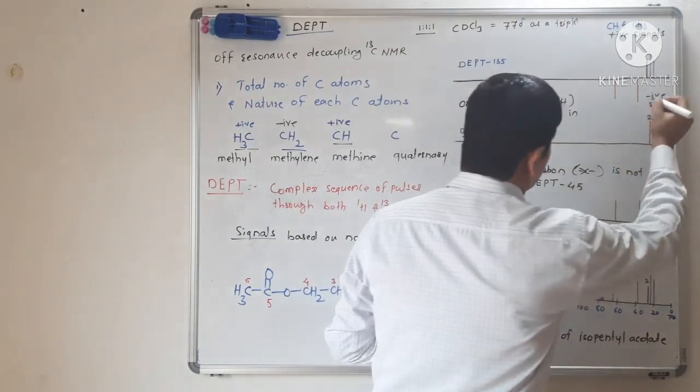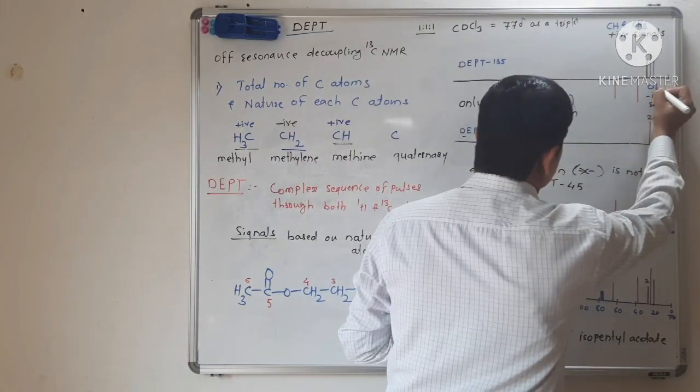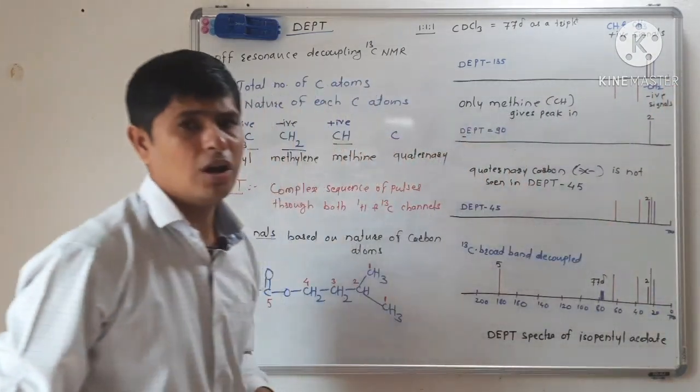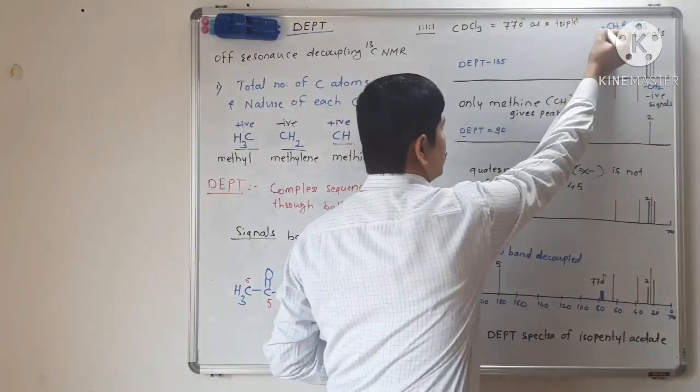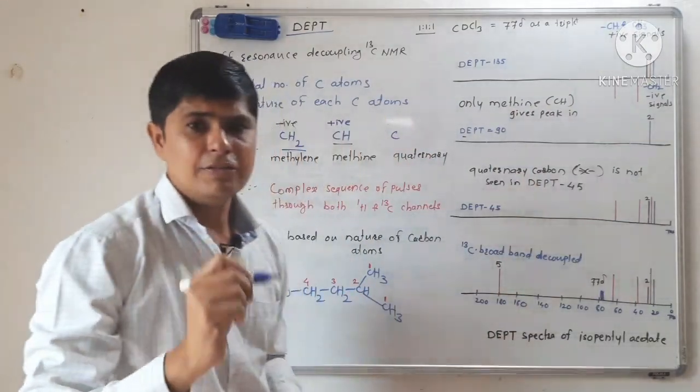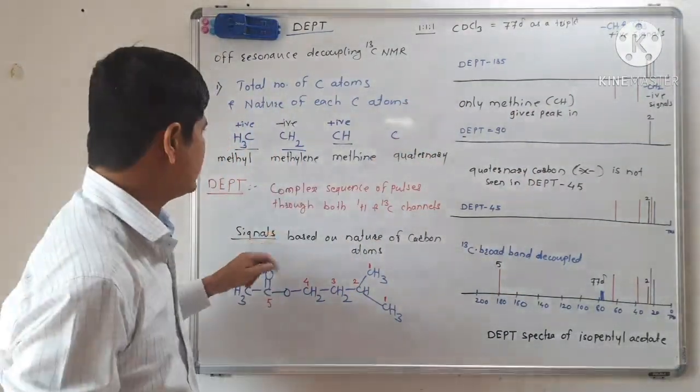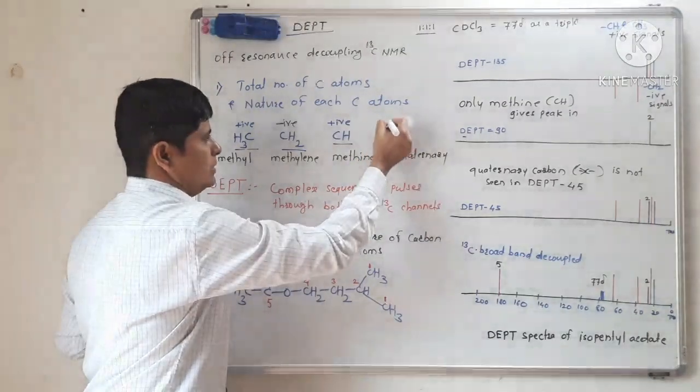Okay, so CH2 carbon will give a negative signal. One more thing I would like to tell you, in depth 135 we cannot see quaternary carbon.